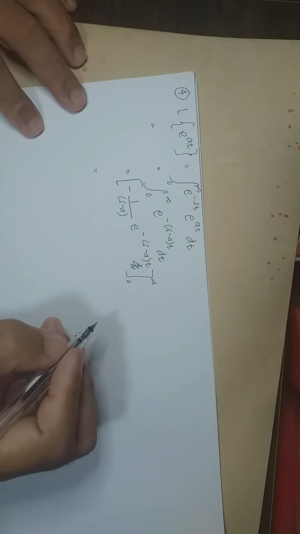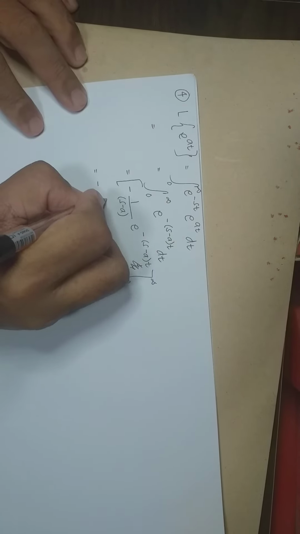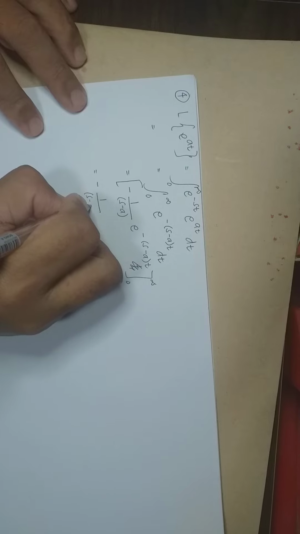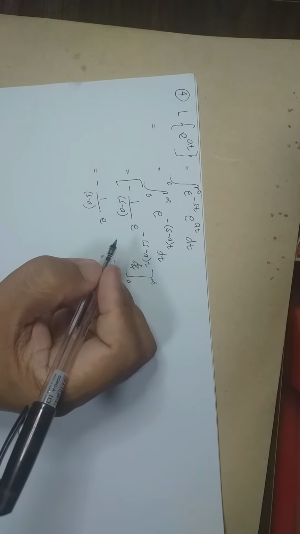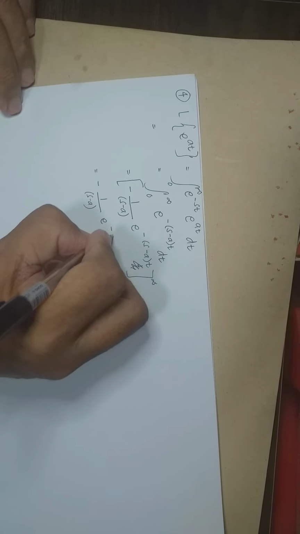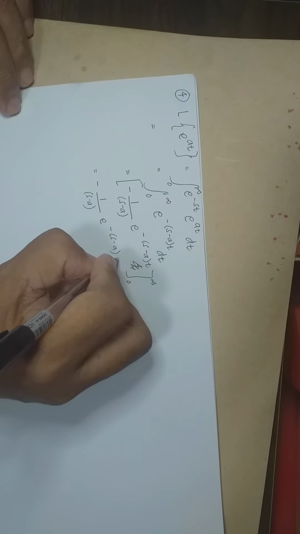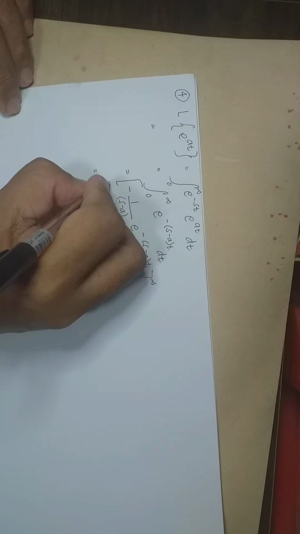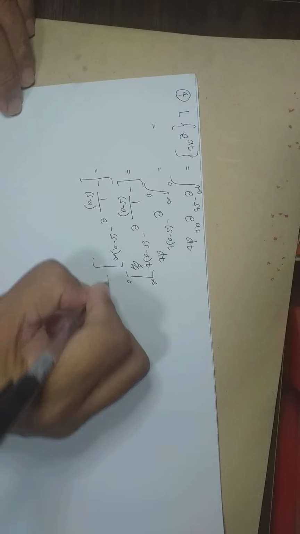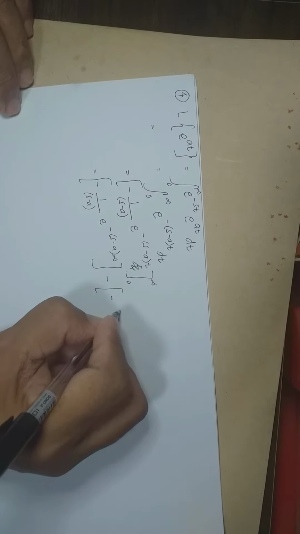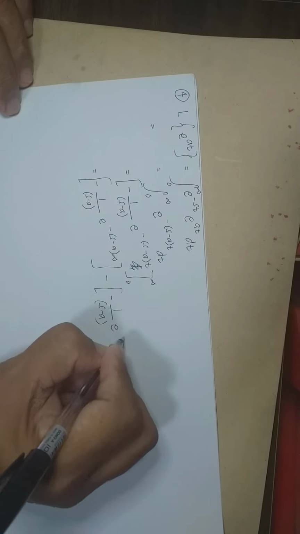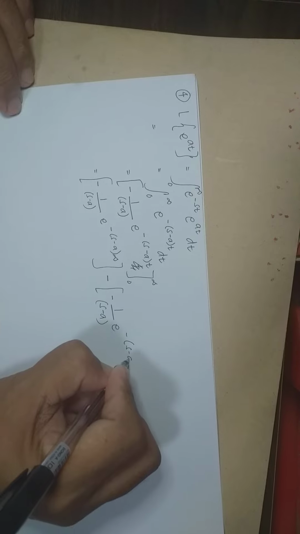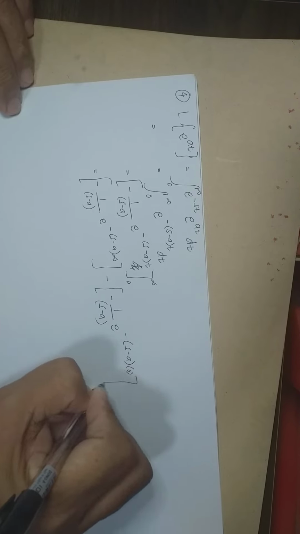Okay? So we have negative 1 over s minus a e to the negative s minus a infinity minus negative 1 over s minus a e to the negative s minus a times 0.